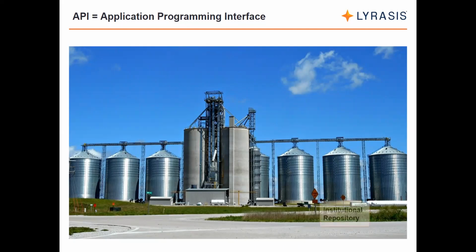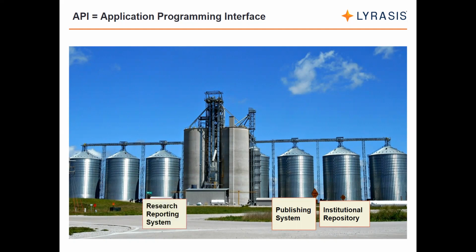So for example, you might have an institutional repository and maybe a publishing system that are likely administered by the library. And then in other parts of campus, you may have a research reporting system or a grants management system. So all different kinds of separate systems that can be thought of like silos, where the data within each system is only accessible from within that system.